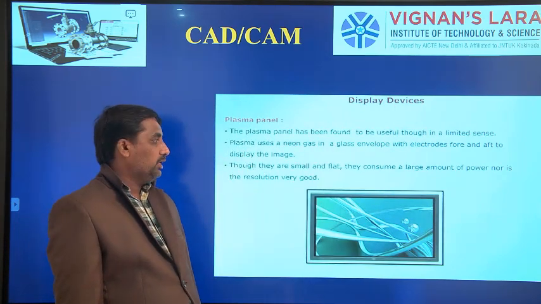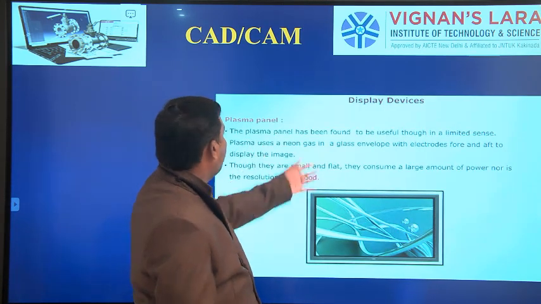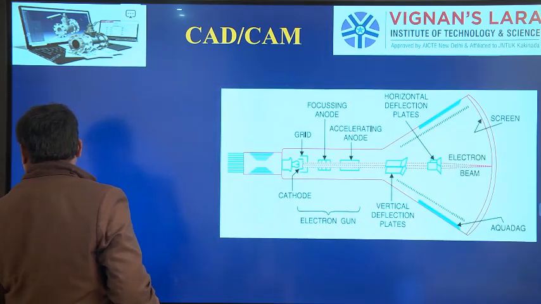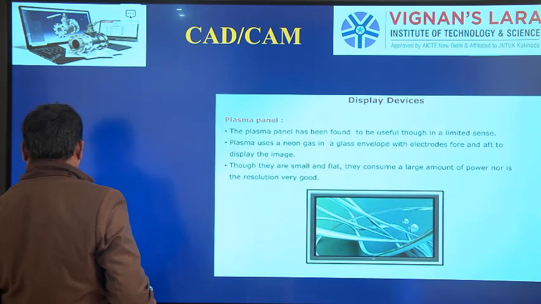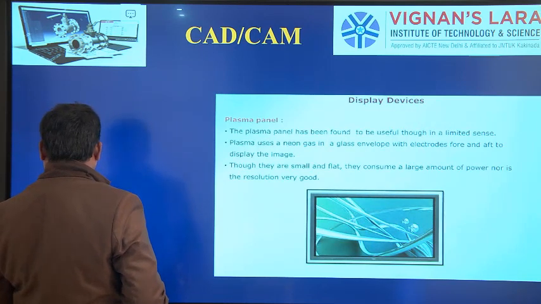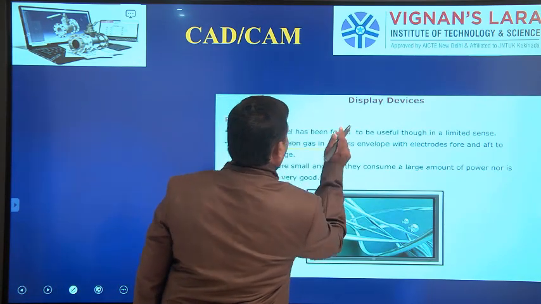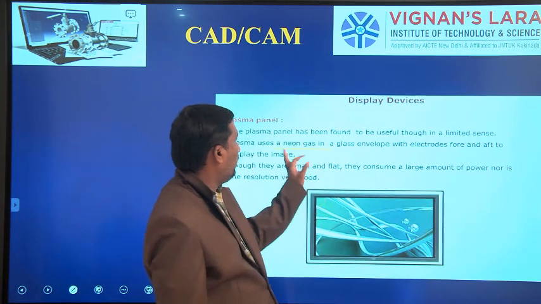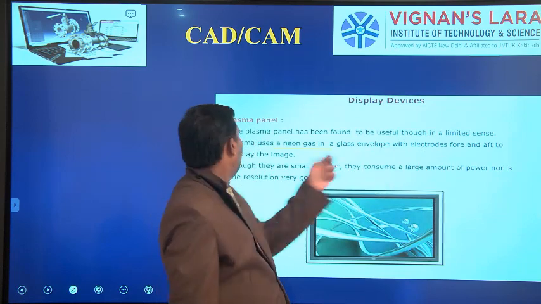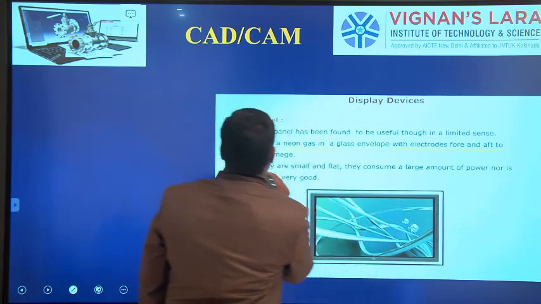It is a flat type display device and it consists of neon gas in a glass envelope, with electrodes to display the image.